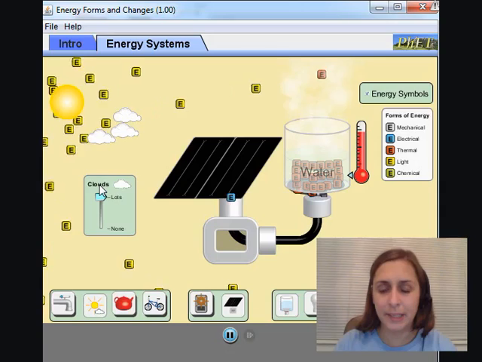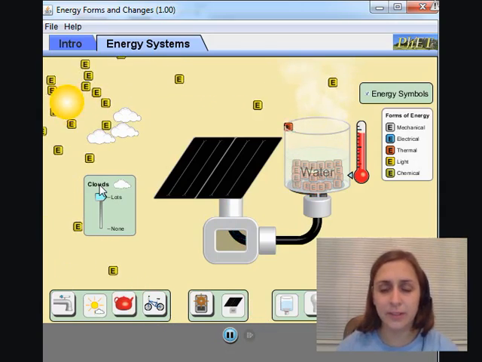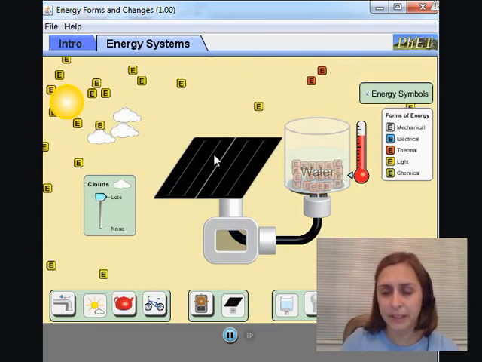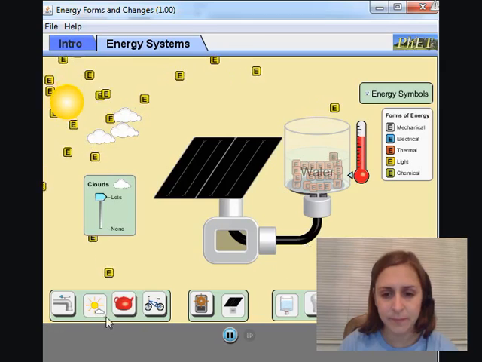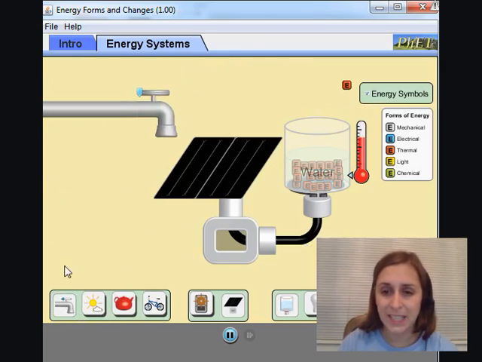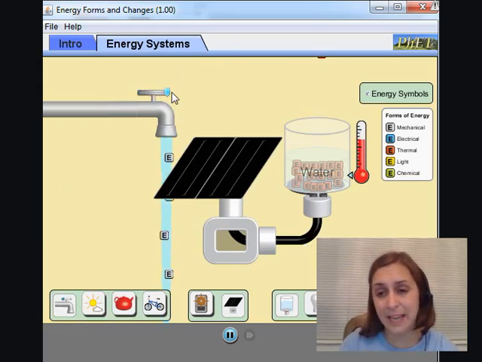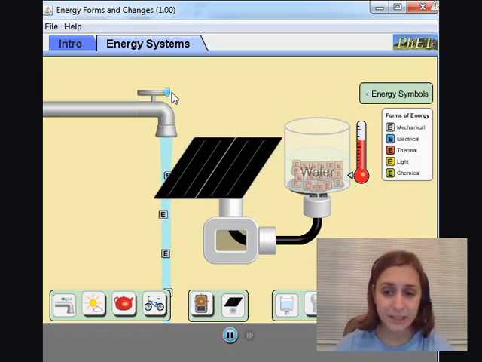Well, if there are too many clouds, they will block so much of the sunlight that not enough light energy reaches the solar panel to create any electricity. And do we even need to try the faucet? It's giving off mechanical energy, not light energy, so it's not able to power the solar panel.